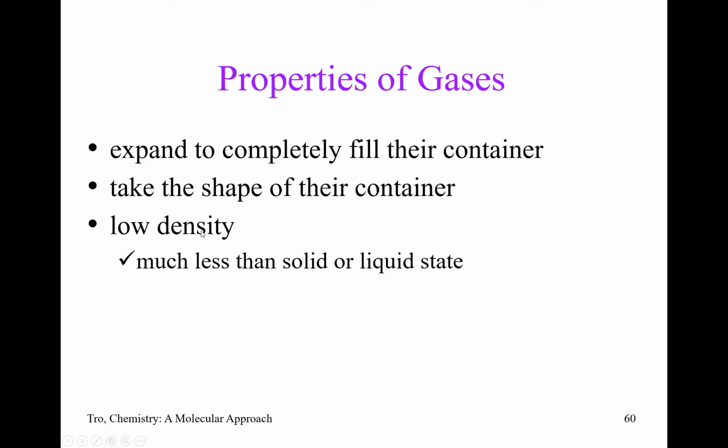So the densities for solids and liquids were in grams per mL, where gases were grams per liter. So ballpark, gases are about 100 to 1,000 times less dense than solids or liquids, right? Like really light liquids and solids were below water, right? Things float on water.